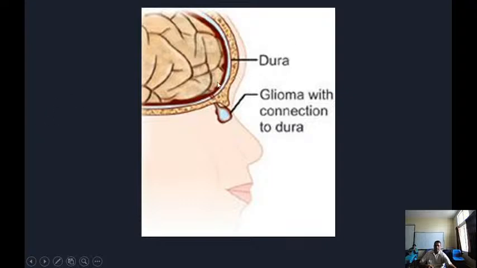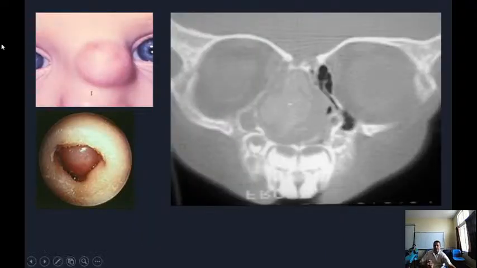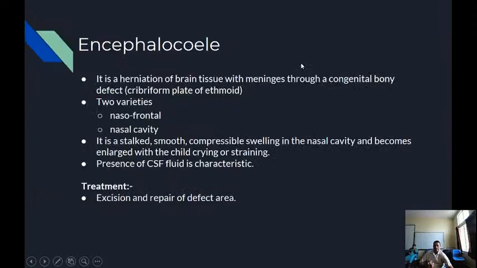See, that is the brain tissue proper, and that is the dura, and sometimes it is attached to the dura there, and that is one which is coming on to the nasal bridge. See, and sometimes it is intranasal, and radiologically you can easily make a diagnosis.